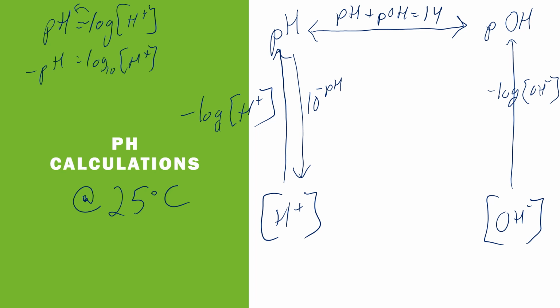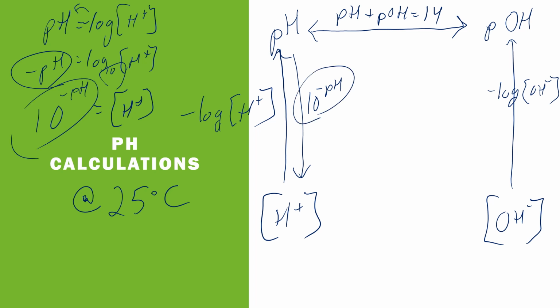And then this is the base, this is the exponent: 10 to the negative pH equals H+. So 10 to the negative pH is how you get from pH to the hydrogen ion concentration. And the same is true for pOH. You'll do 10 to the negative pOH to go backwards and find the OH concentration.